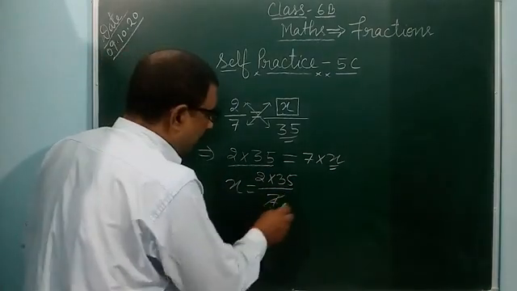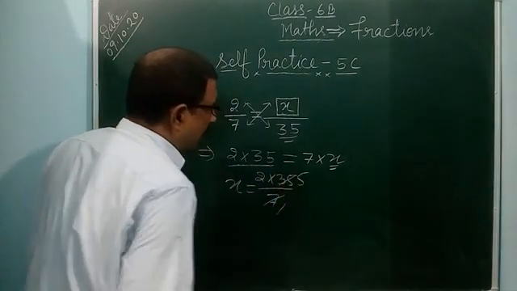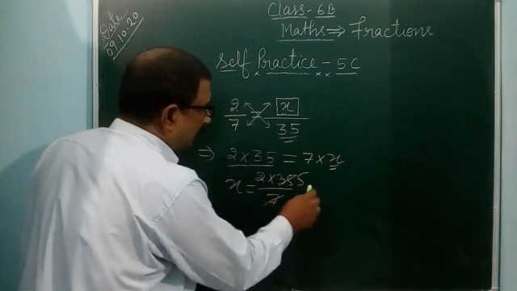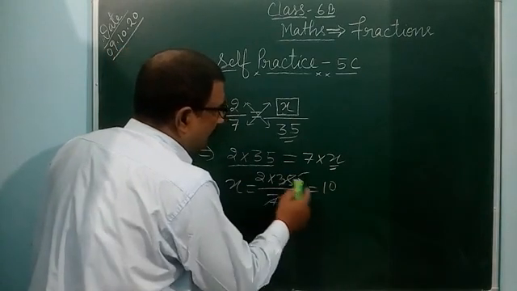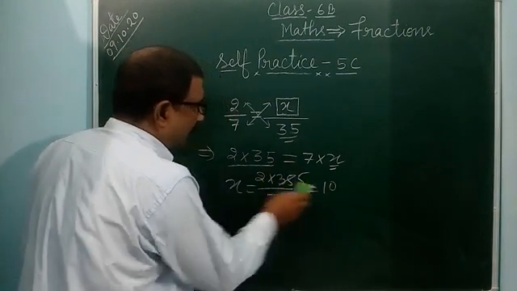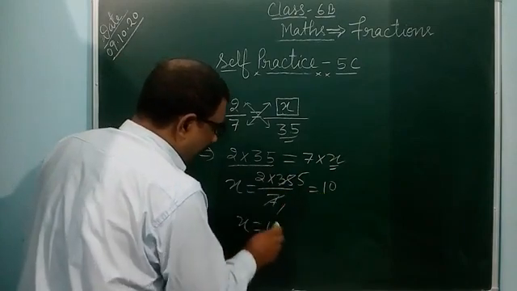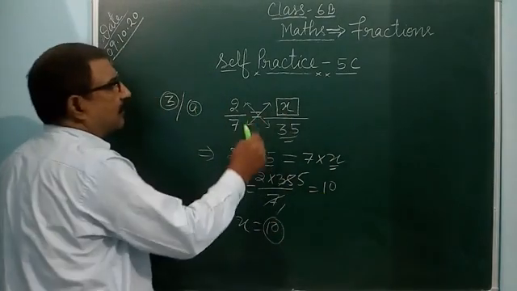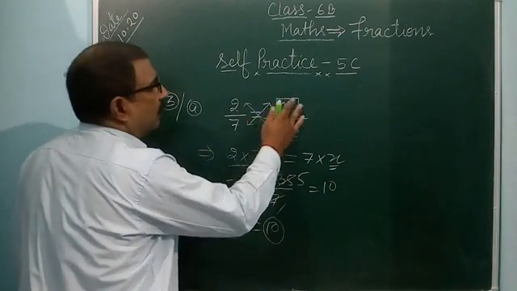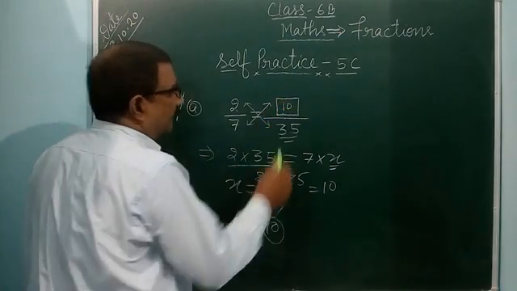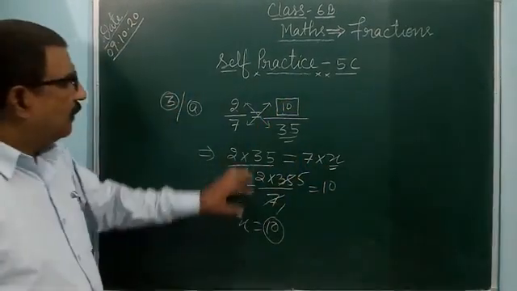So 7 ones are 7, 7 fives are 35. After that 5 twos are 10. So x is equal to 10. In the place of x you can now fill 10. So in this way also you can solve for the unknown number.